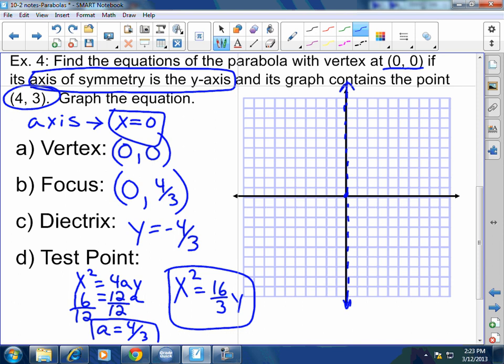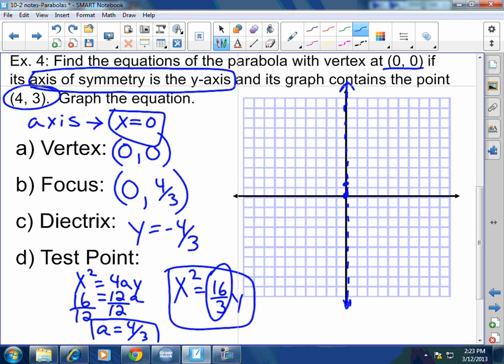0, 0 is my vertex. 0, 4/3 is my focus. So 4/3 is basically 1 1/3, so about here, about there. My latus rectum is 16/3, so half of that will be 8/3, correct?